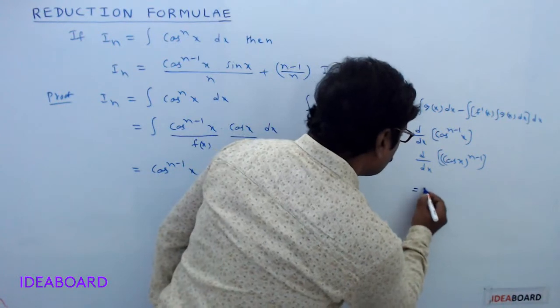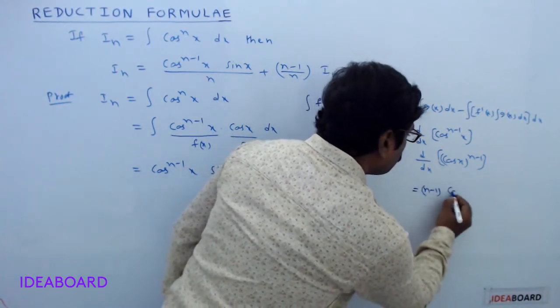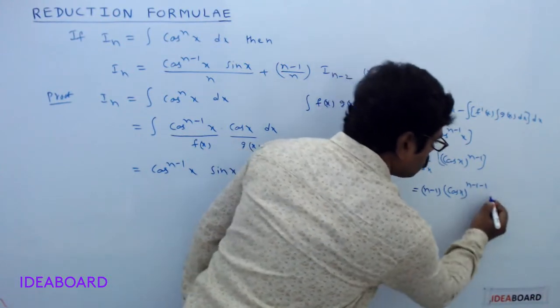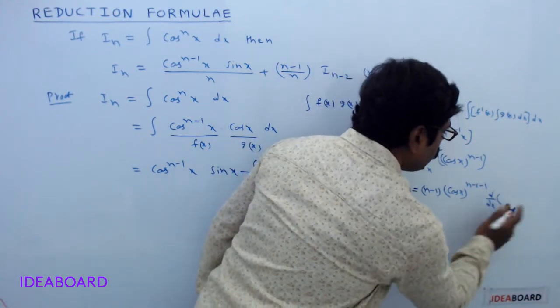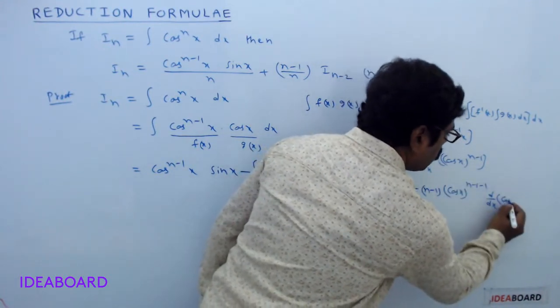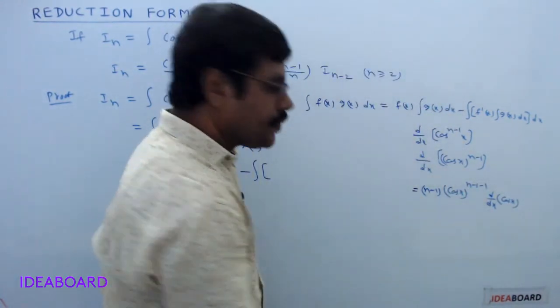So this equals n minus 1 into (cos x) whole power n minus 1 into the derivative of this base function, that is cos x.